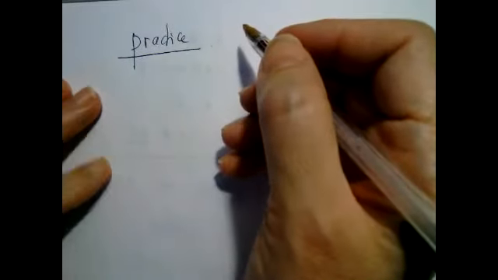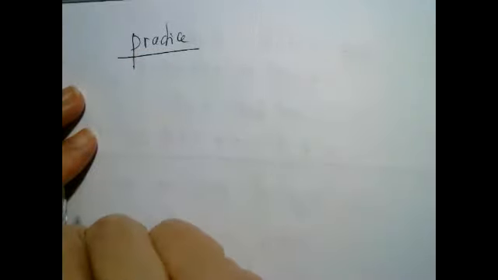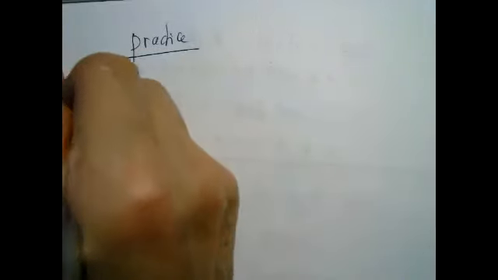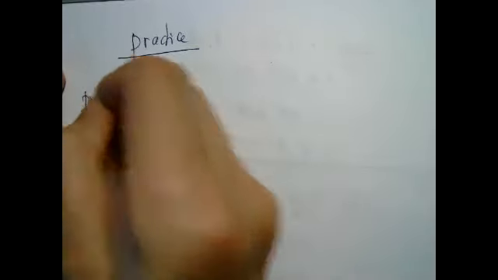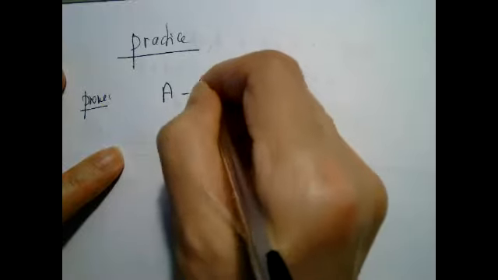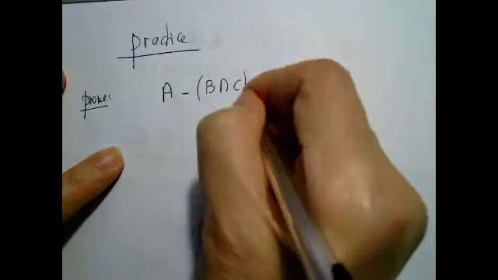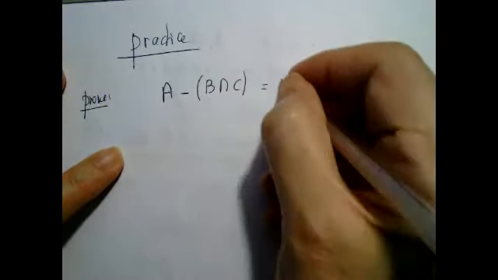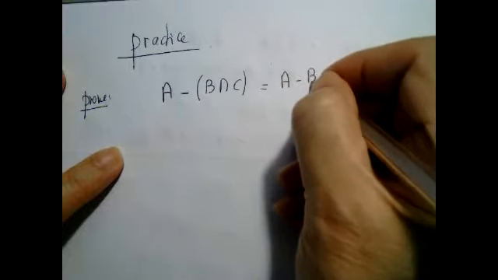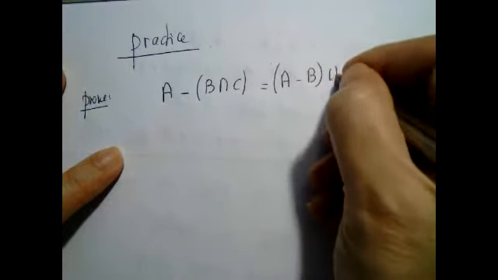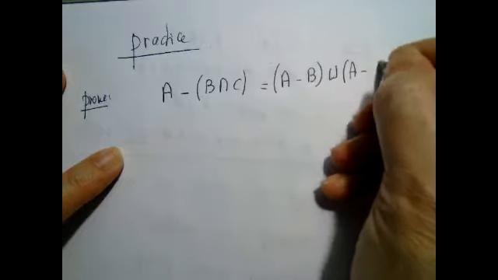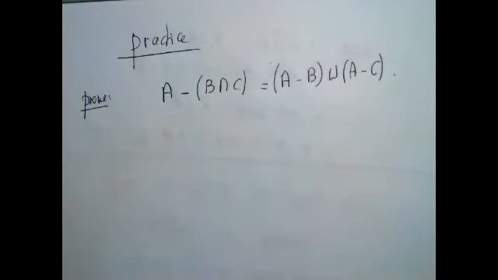So I want you to do the following for practice together. Let A, B, C be subsets of a universe. I want you to prove the following using the ideas we're doing: A minus B intersect C equals A minus B union A minus C. And you want to do that element-wise.